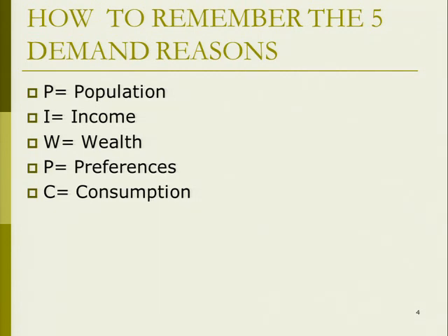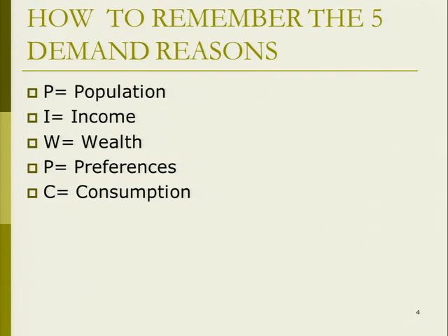The last one is consumption. Goods that we tend to buy because of the standard of living. In most developed countries, people prefer to buy goods that are more luxurious, whilst in developing countries, people will tend to buy only the basics. That is how to recall or to remember the demand reasons.